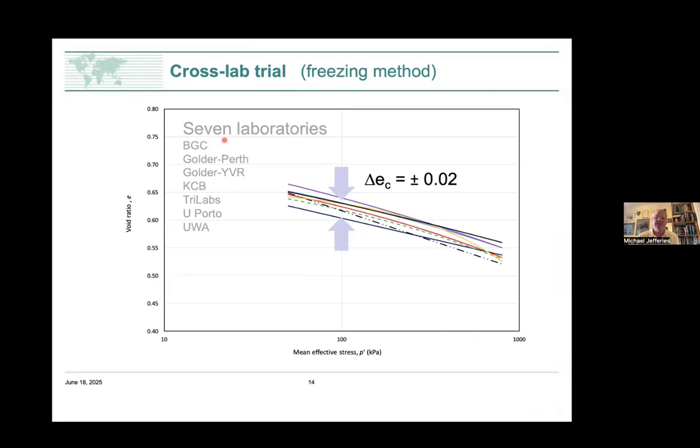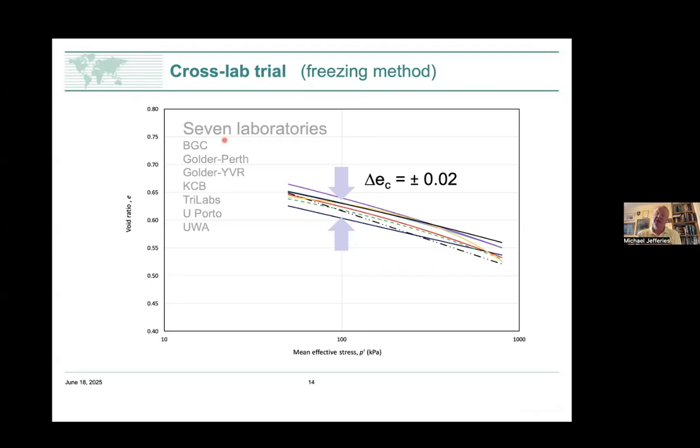There were more than 7 laboratories involved, but the 7 who used the freezing method, which is the method I've just described to you, got these critical state lines here, and the different color lines, and whether it's a dashed line or a solid line, indicates a different laboratory. And if you look at the bandwidth, we measure the critical state loci with a precision of plus or minus 0.02 in void ratio units.